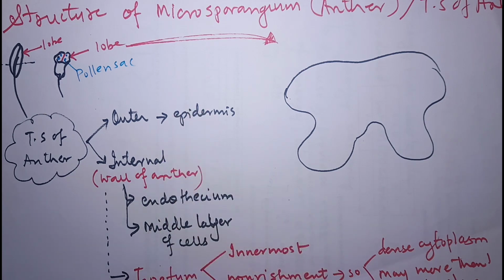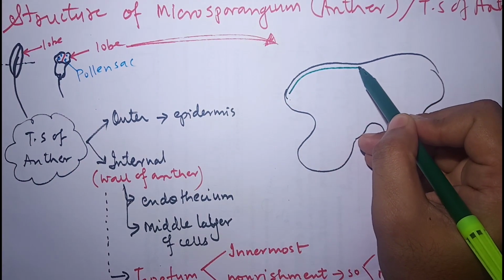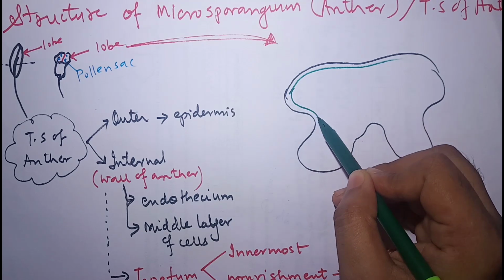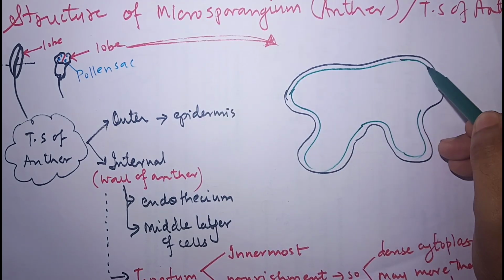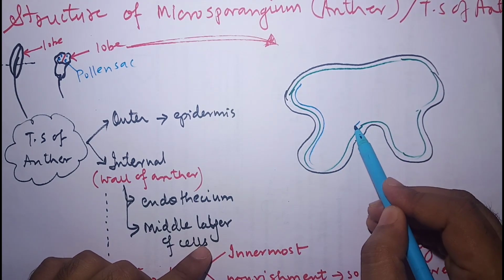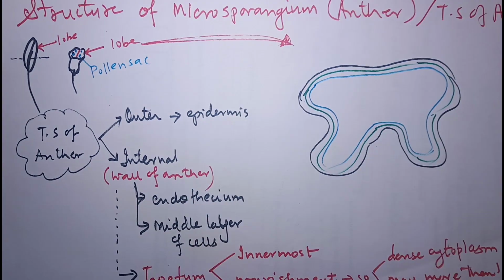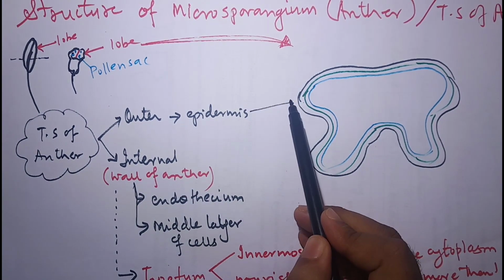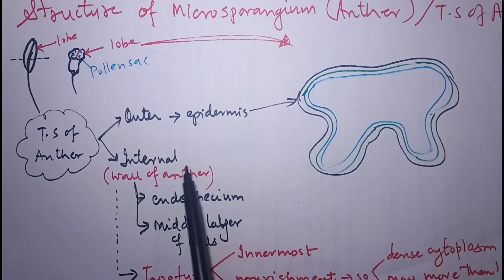So here you can see this is the outer one, that's called epidermis, and inner to epidermis we have an internal layer, which is made up of many layers.